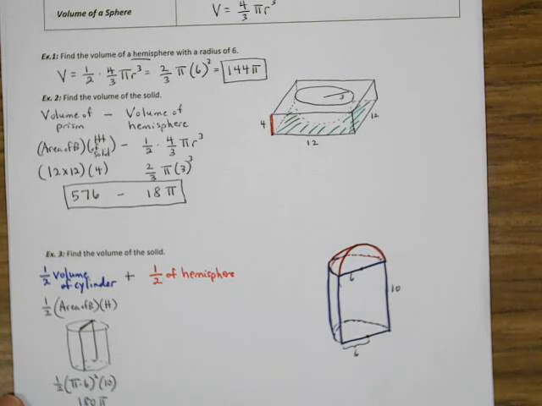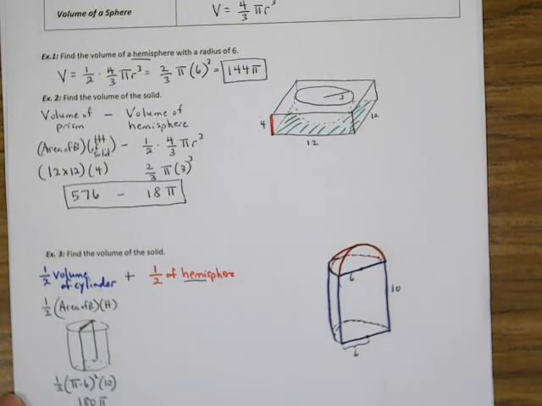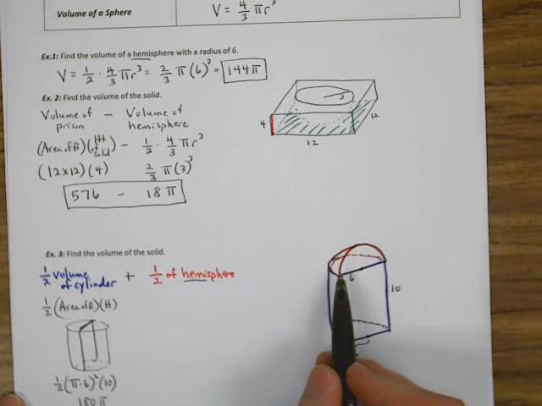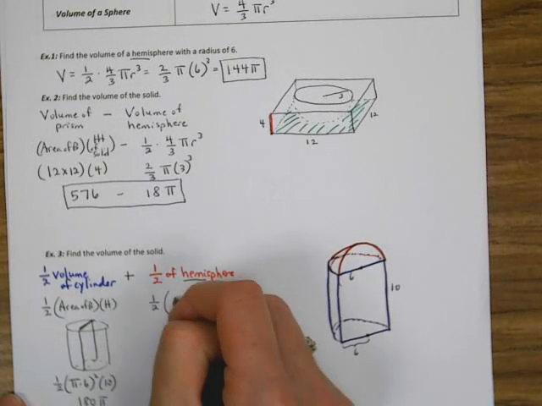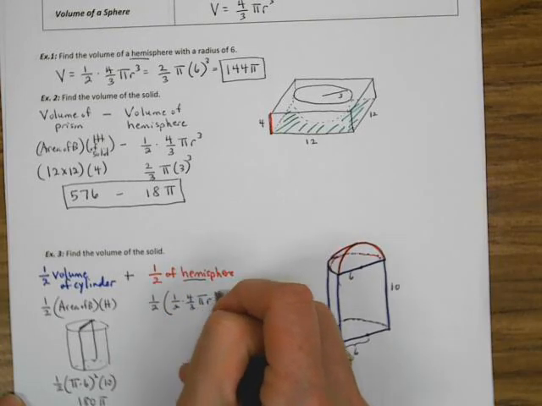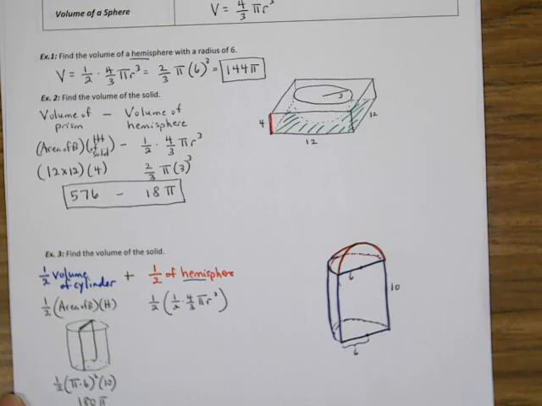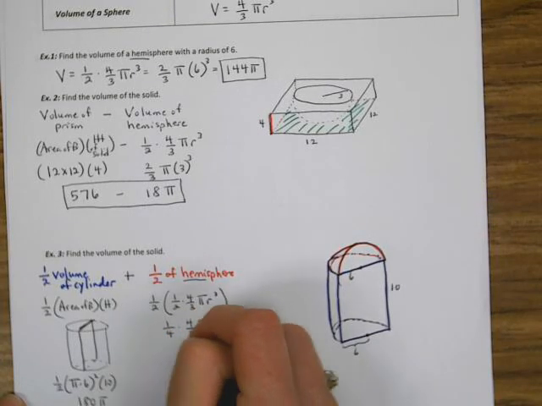Now to that, we're going to add half of a, remember, hemisphere. Not half of a sphere, but this is half of a hemisphere. So I'm going to take 1/2 of 4/3 pi r cubed.